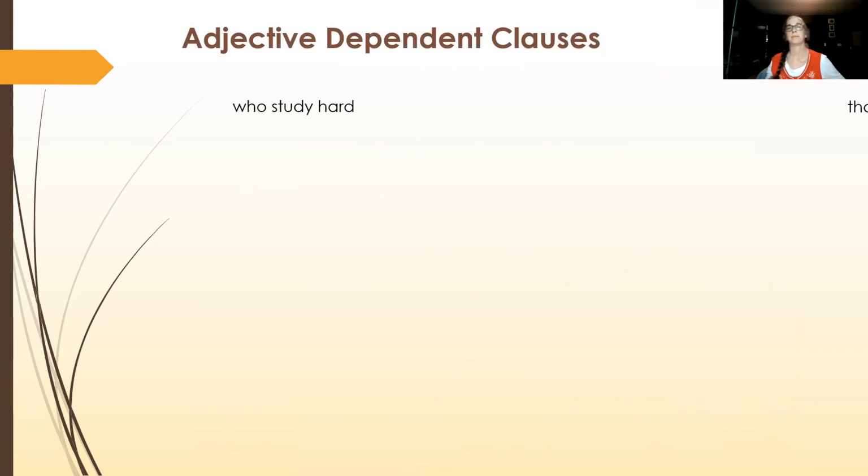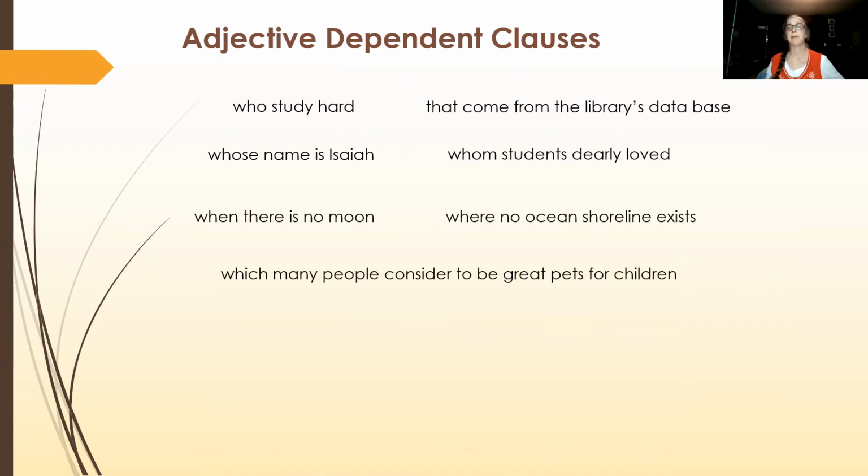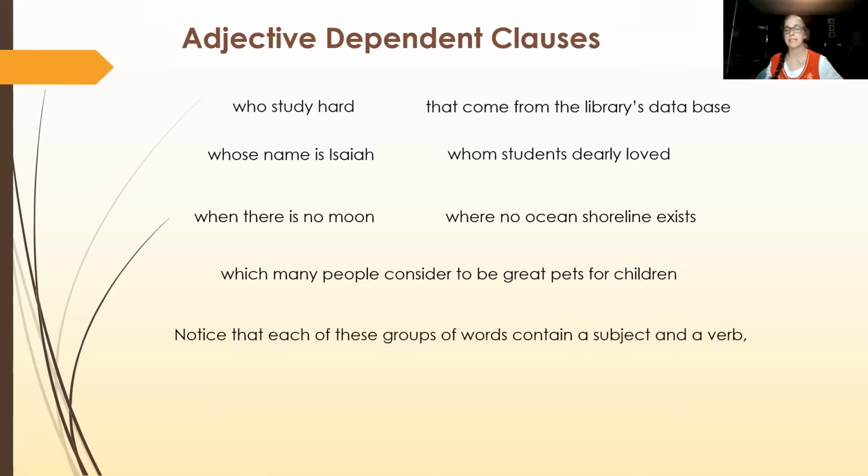Who study hard. That come from the library's database. Whose name is Isaiah. Whom students dearly loved. When there is no moon. Where no ocean shoreline exists, which many people consider to be great pets for children. Notice that each of these groups of words contains a subject and a verb.